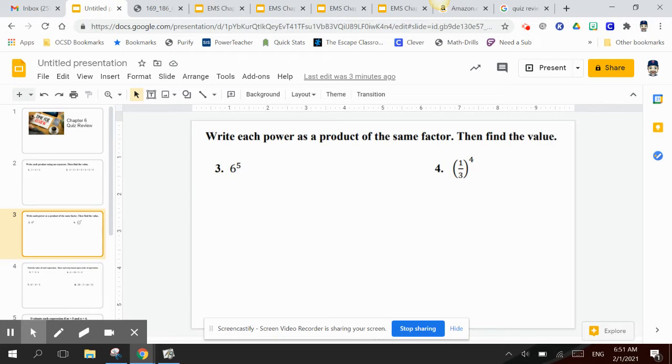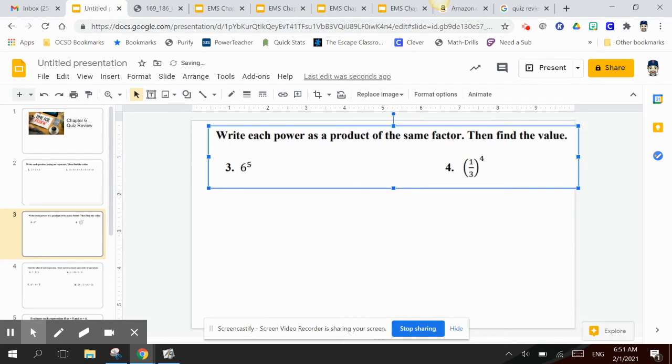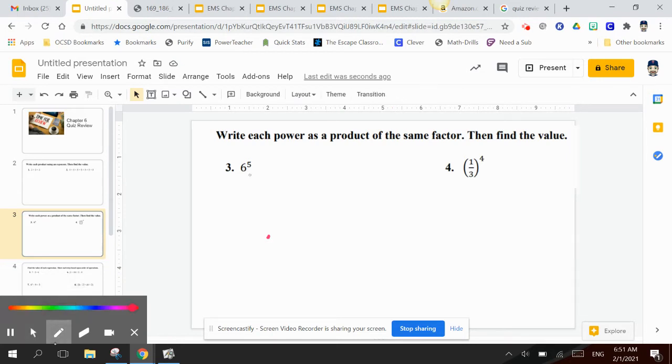Numbers 3 and 4 want you to write each power as a product of the same factor. So product tells me to multiply. Same factor means the same number. So 6 to the 5th power, 6 is my base number. That's the number I'm going to multiply, and I need to have 5 6s.